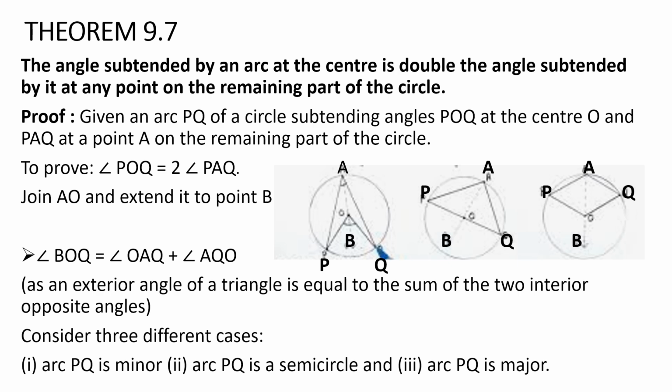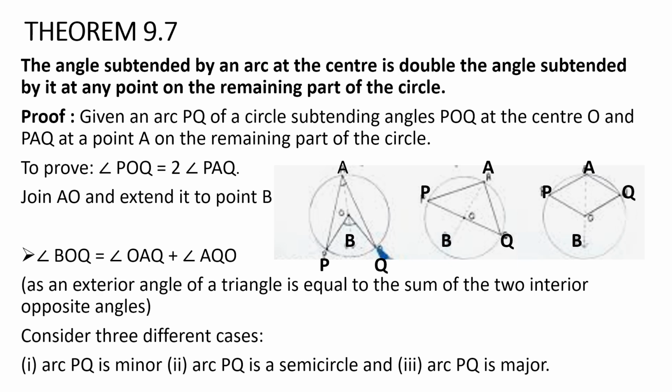So first of all, suppose you have an arc PQ. PQ is an arc subtending angles POQ at the center O and PAQ at a point A, which is on the remaining part of the circle. What we need to prove is POQ is equal to twice PAQ. It is double PAQ.